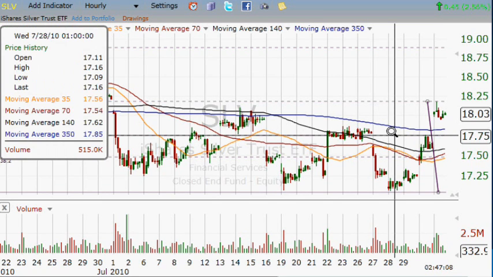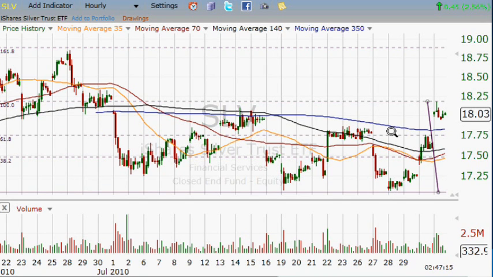So the next Fibonacci level is 17.75 on SLV, which is roughly about 18.04-ish on the silver COMEX.